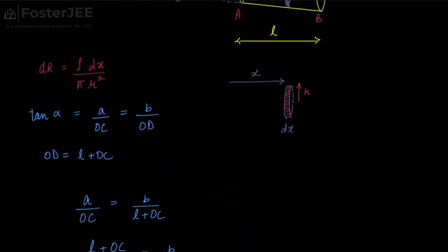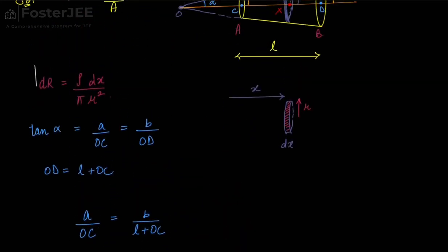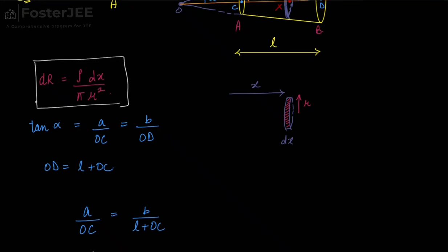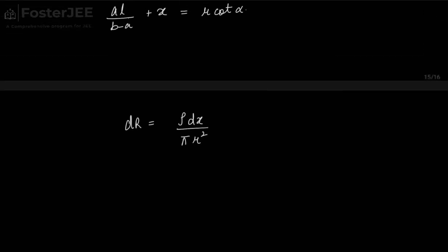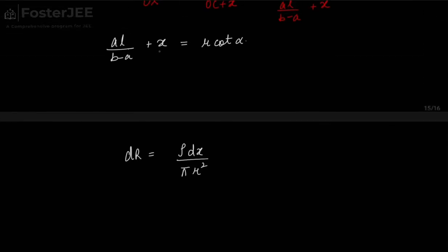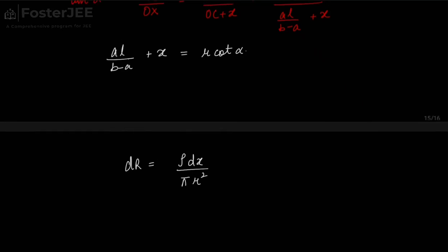Now our expression for resistance was dR equals rho dx by pi r square. Now let's substitute the value of dx.